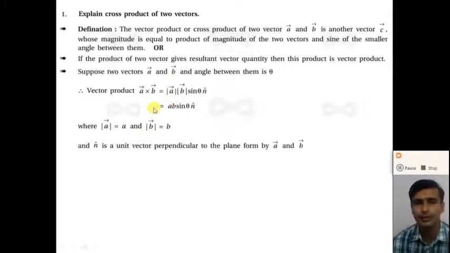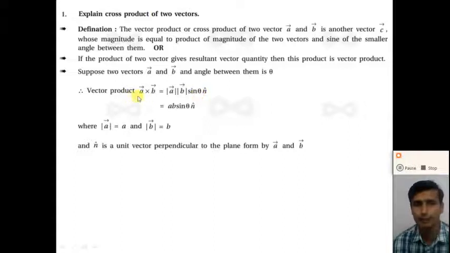So here the direction of the vector product of two vectors is perpendicular to both the vectors. Suppose vector a cross vector b is equal to the magnitude of vector a, magnitude of vector b, and sine of the angle between them.